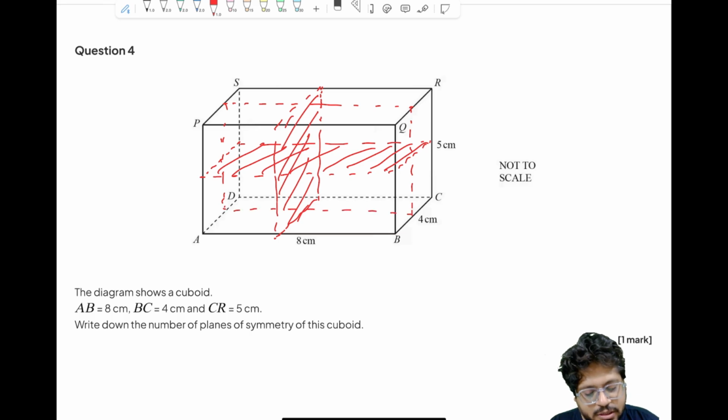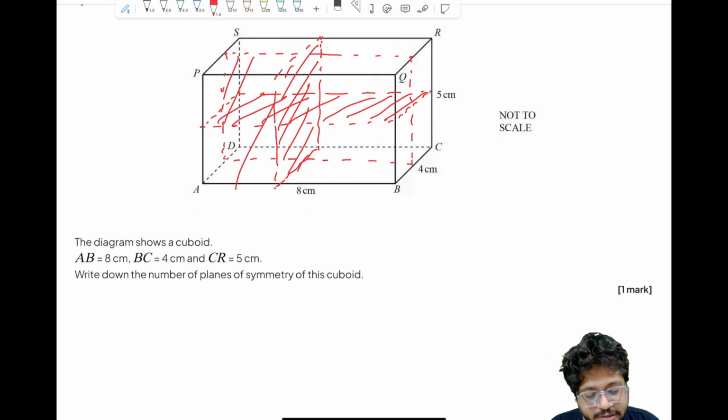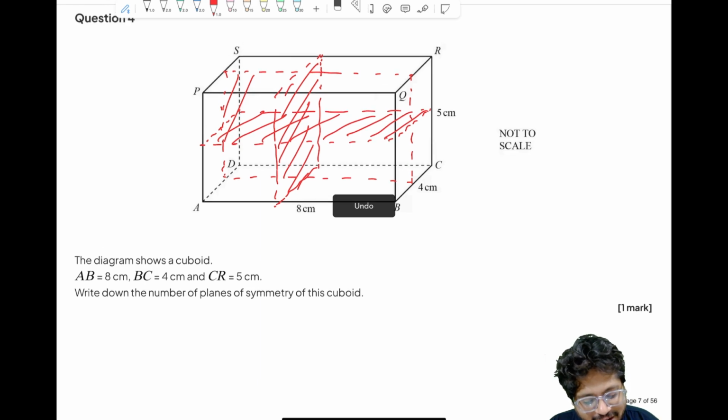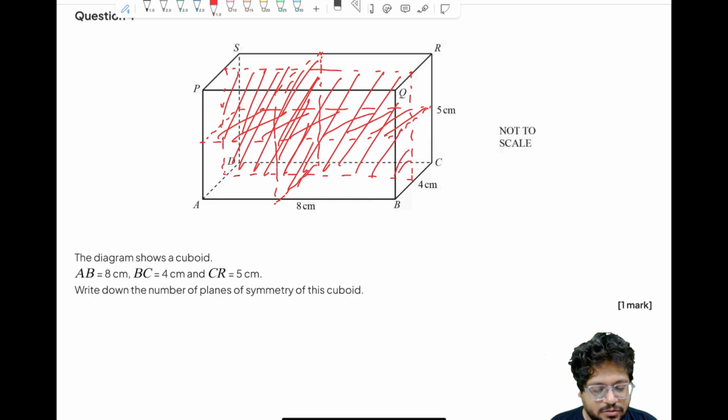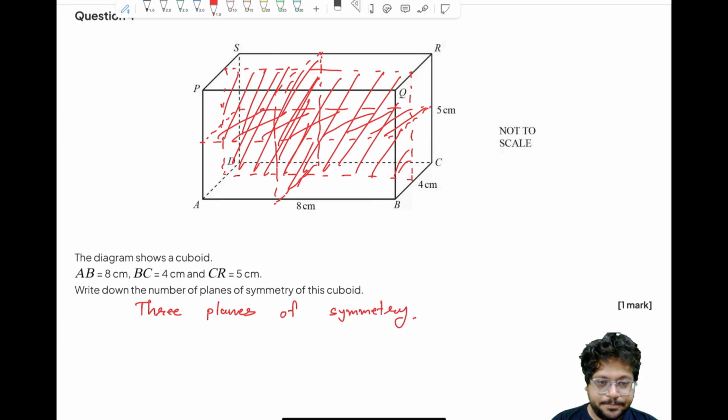Clear? So three planes of symmetry. It's three planes of symmetry which are perpendicular to each other. So this has three planes of symmetry. Clear?